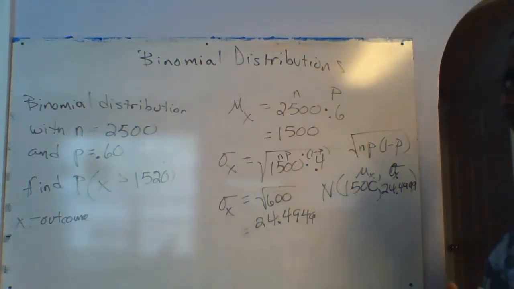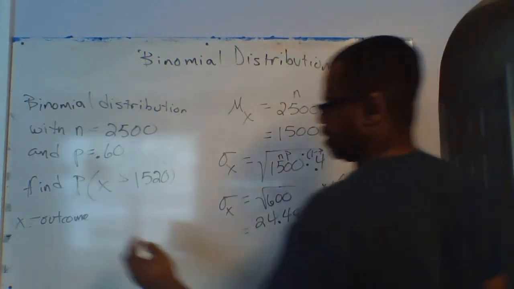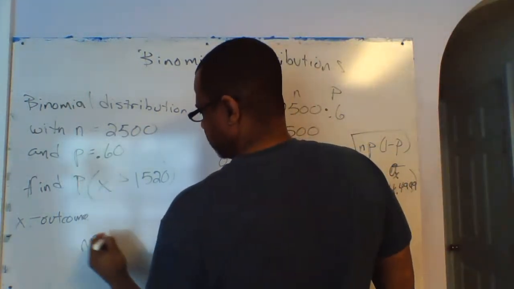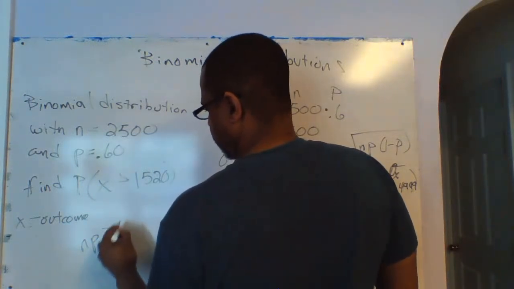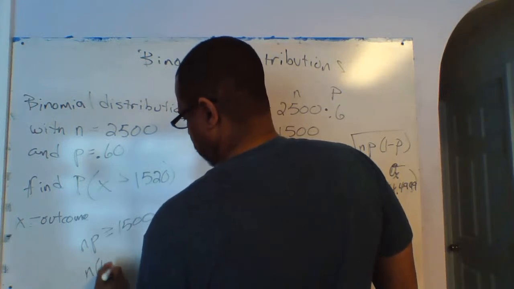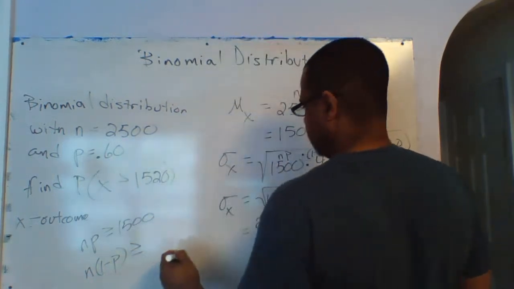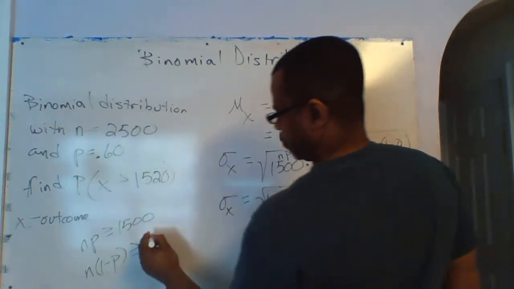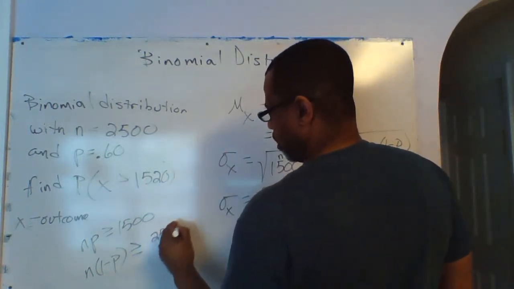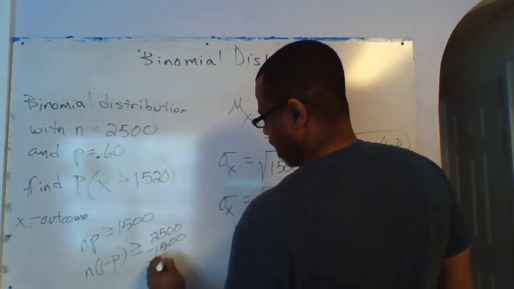Now we have to check. We do n times p, and we know that's going to be 1,500. Then n times 1 minus p is simply 2,500 minus 1,500, which is 1,000.